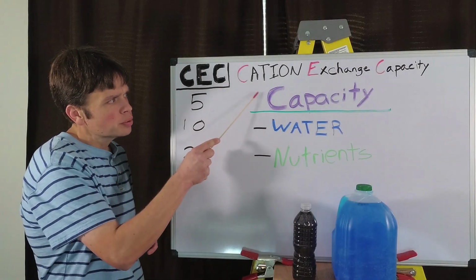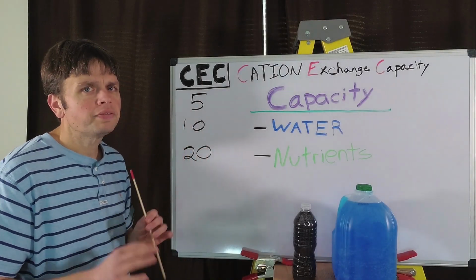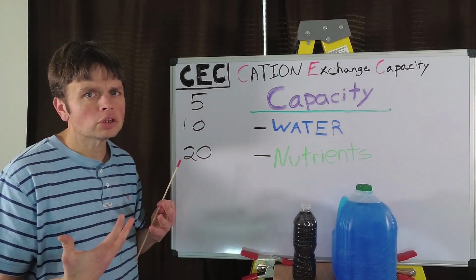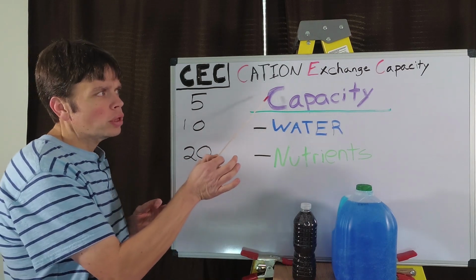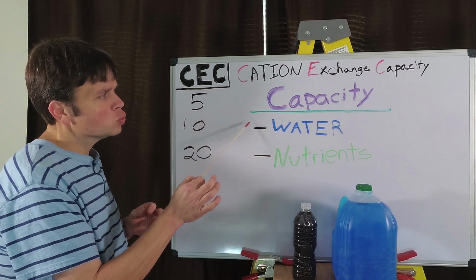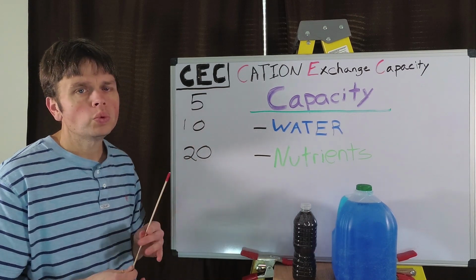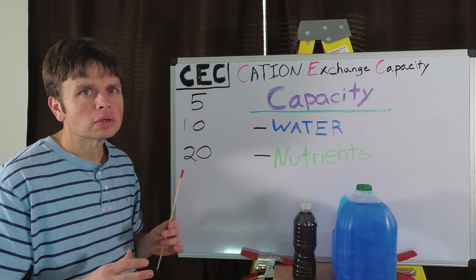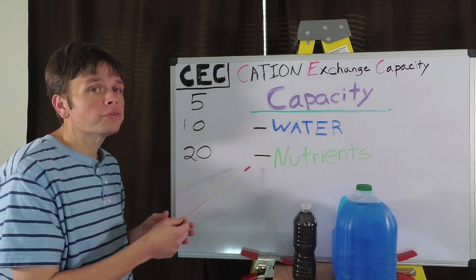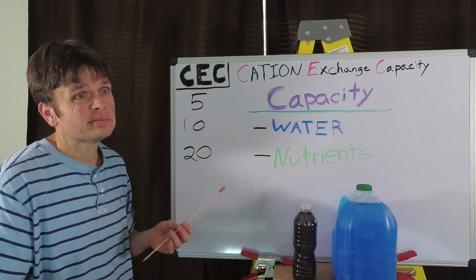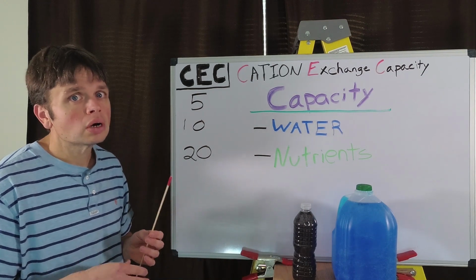Let's dive a little deeper into capacity, because when we get out into our pumpkin patches, knowing how much water and nutrients we can give at one time is pretty important. You don't want to overwater or overfeed your pumpkins, because you can do a lot more harm than good.